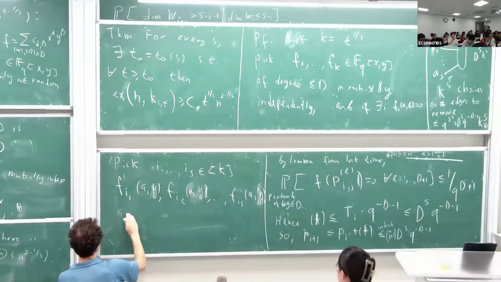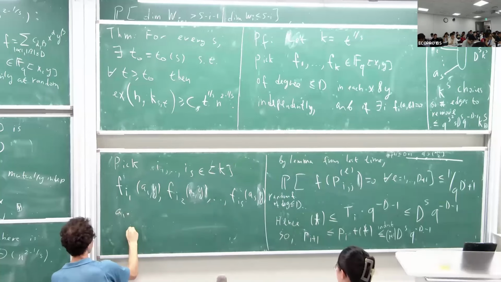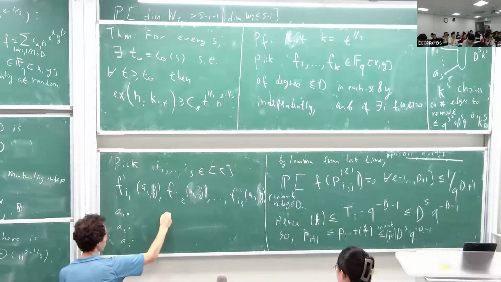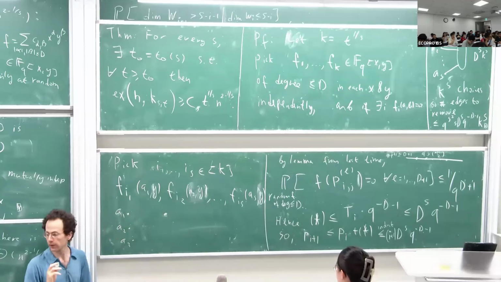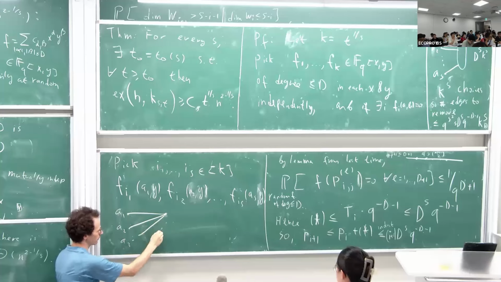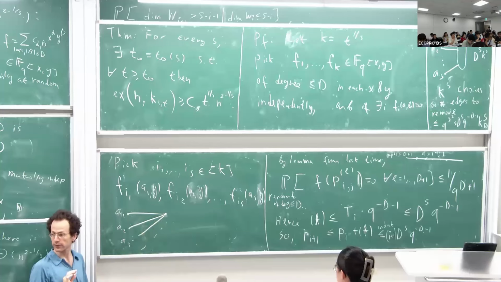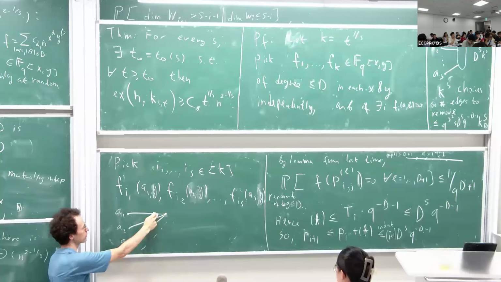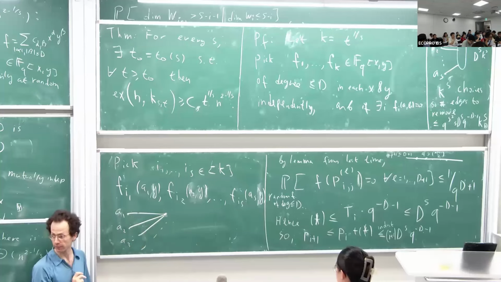I have the first vertex, second vertex, third vertex. Now each vertex on the right has a type. What's the type of the vertex? It's what are the colors of the edges going to A1, A2, A3, and so forth. There's a type, which is basically which graph this edge is in, which graph this edge is in, and which graph this edge is in.